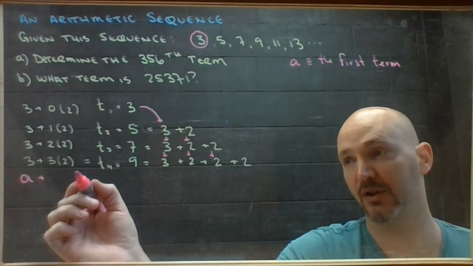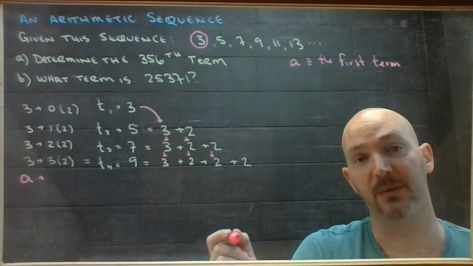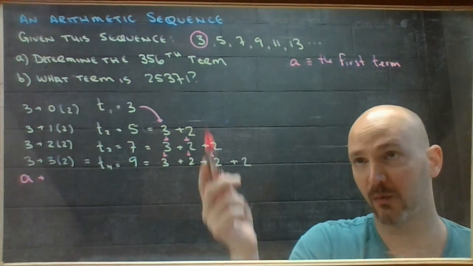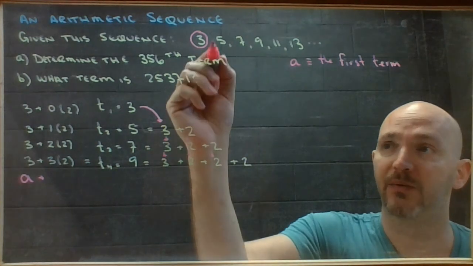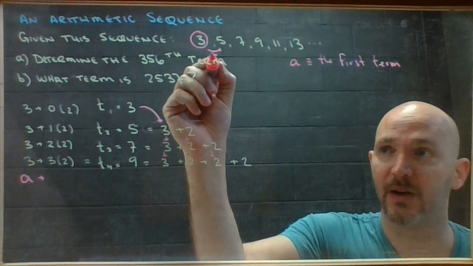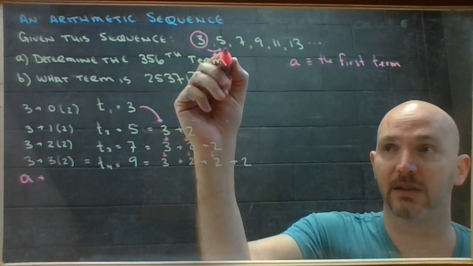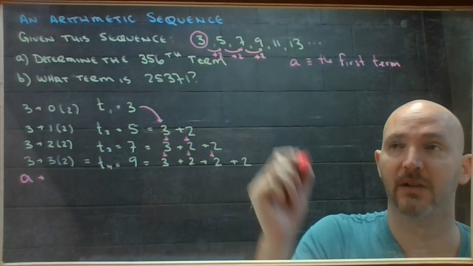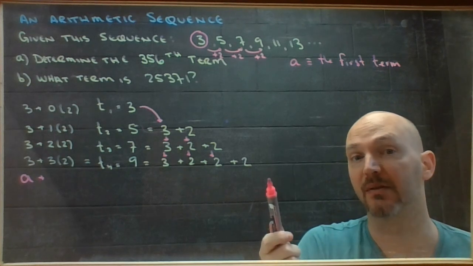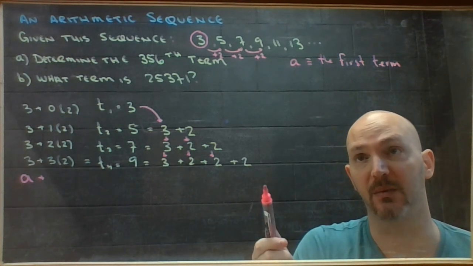Now the next number that shows up over and over again is this 2. So what was 2 in this sequence? Well, if you go from one term to the next, you had to add 2 to get there. And then you had to add 2. And then you had to add 2. So that's the difference between each term in the sequence.